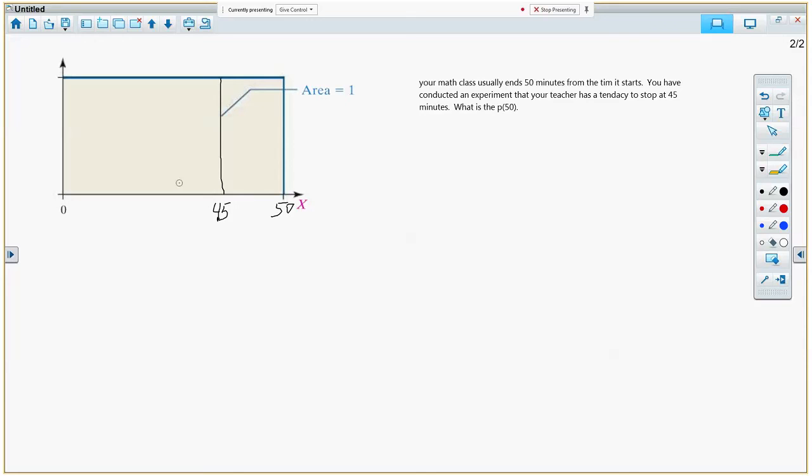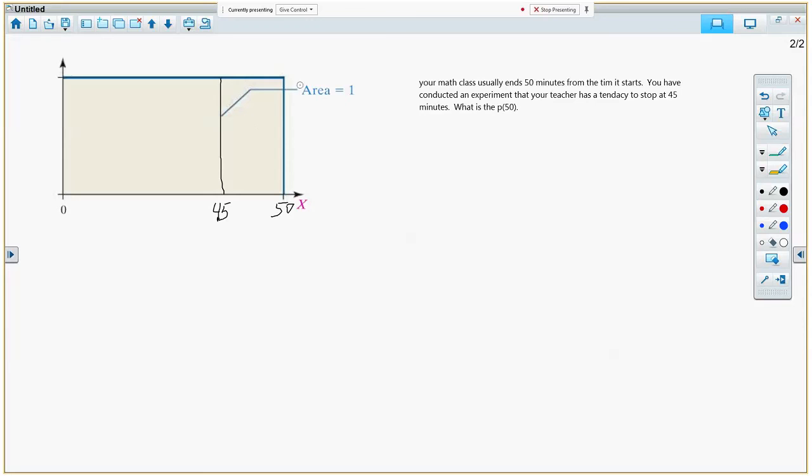So you've actually got to find out what the height is at 45 minutes. Okay? So, 45 minutes, from 0 to 45 is 45 minutes.